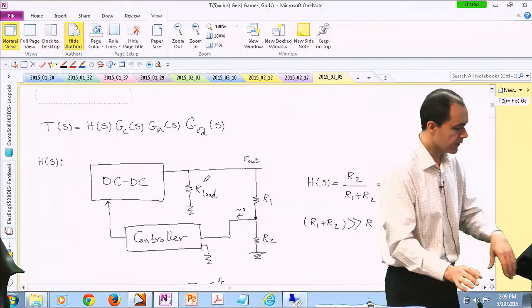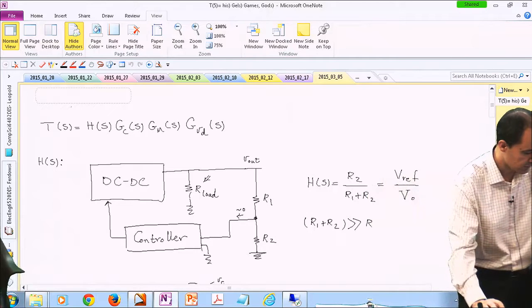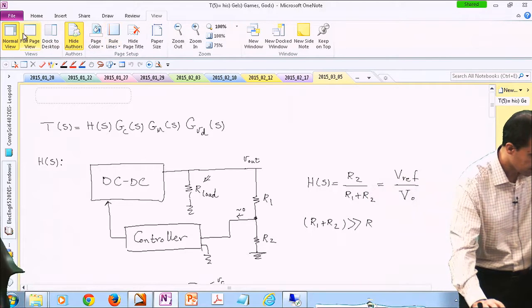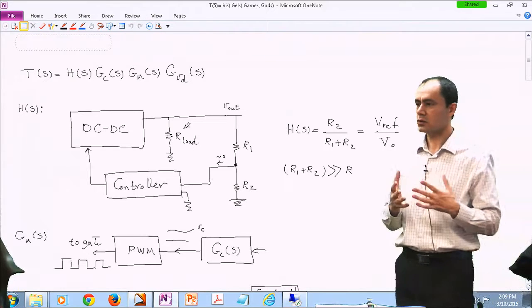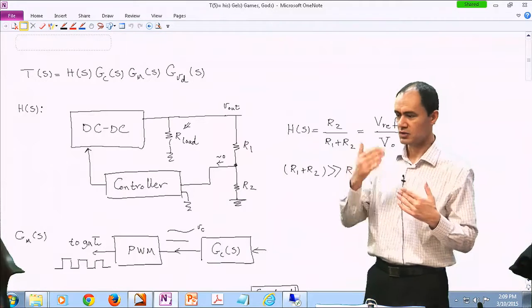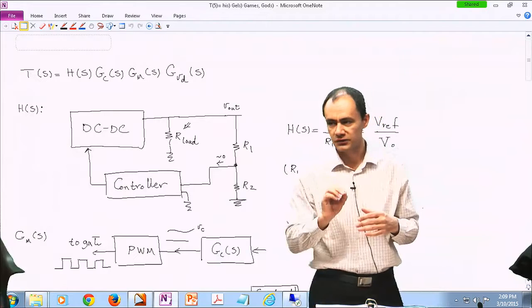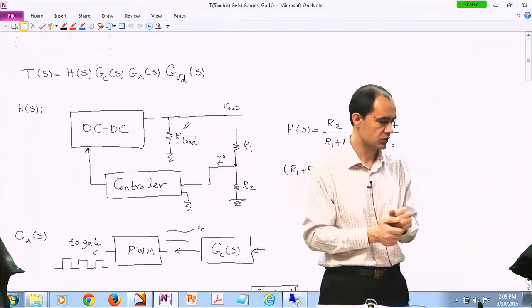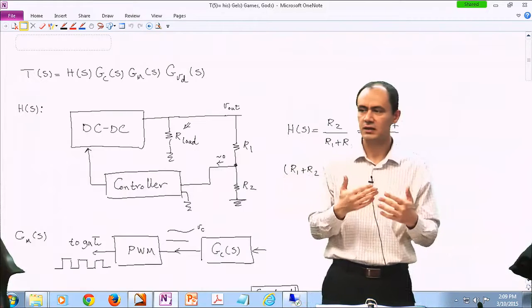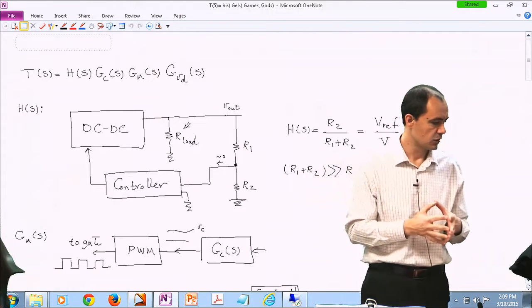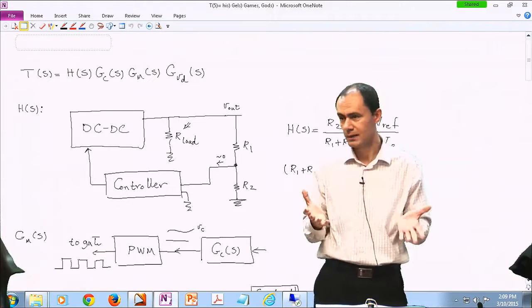Okay, so the loop gain is on top of the screen. There are elements in this loop gain that we cannot control. For instance, you step down your output voltage to be able to feed it to your controller. That's a very simple resistive division, like H of S. Usually the gain is less than 1. Then you have G sub C that we are going to talk about how to design.